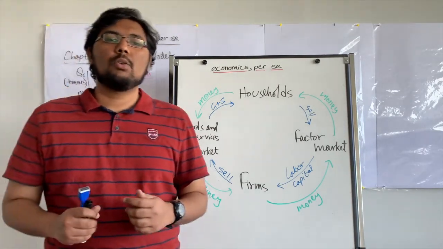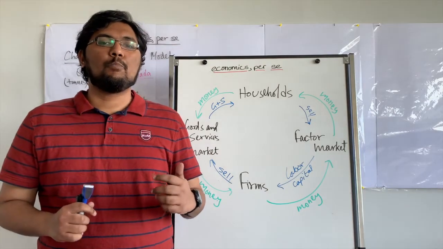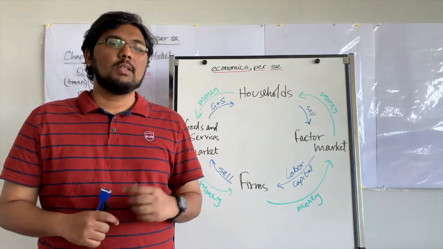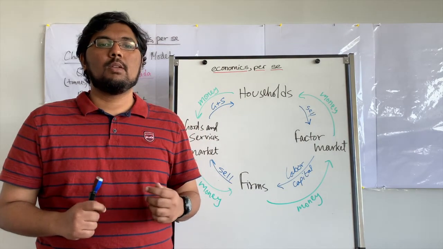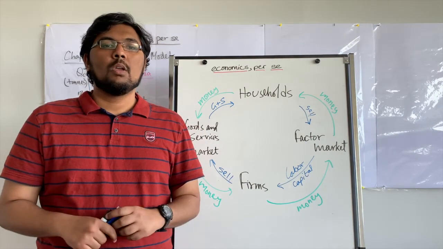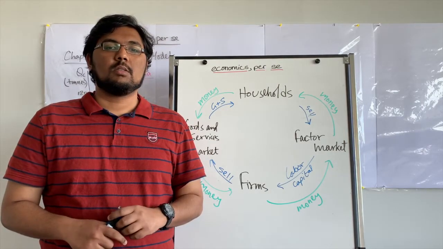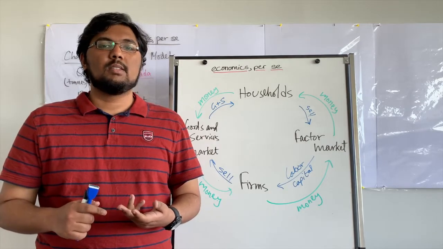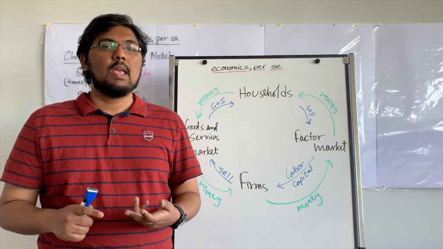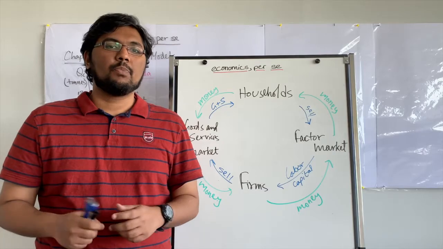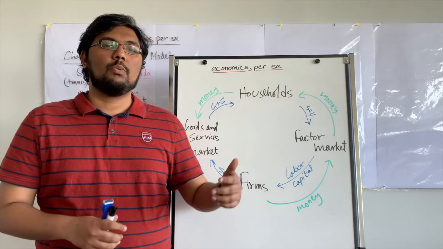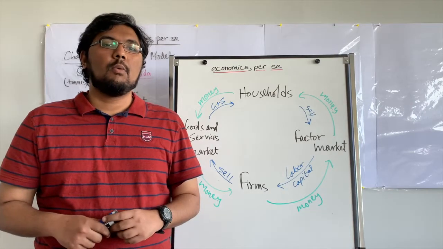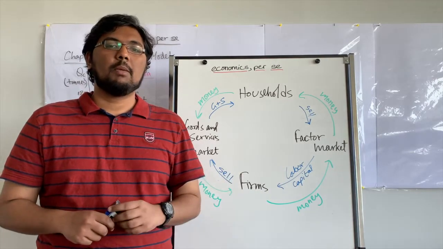Although it might look like we have figured out how the economy works, this diagram overlooks some huge real-world complications. A few of those are, first, in the real world, the distinction between households and firms is not always clear. Think about a small family-owned barbershop where all the employees are probably volunteering family members.